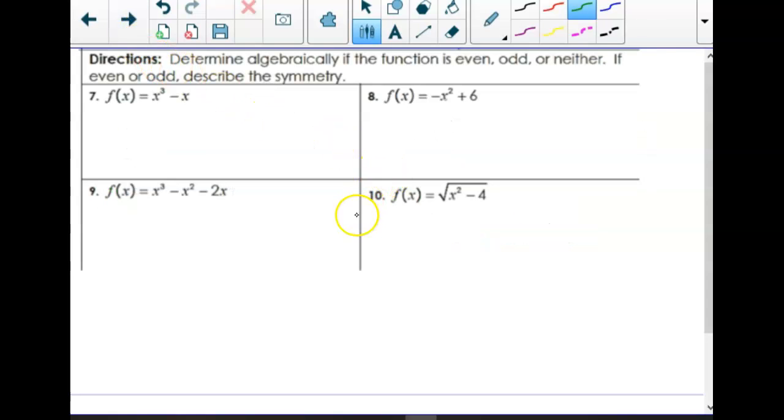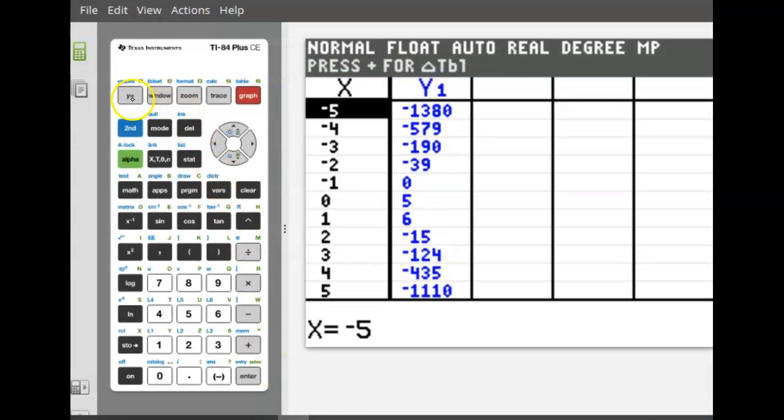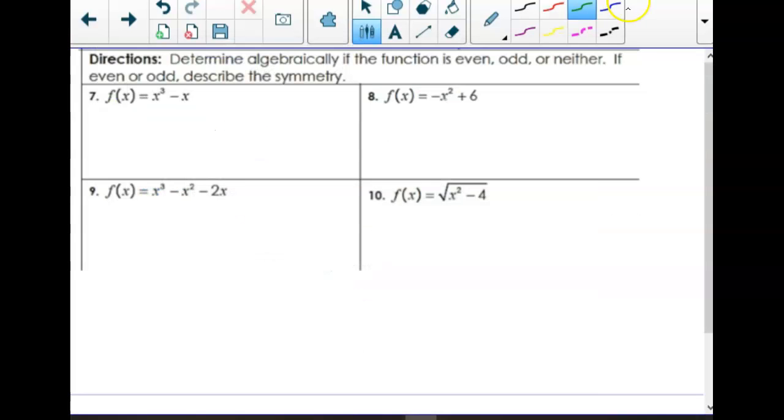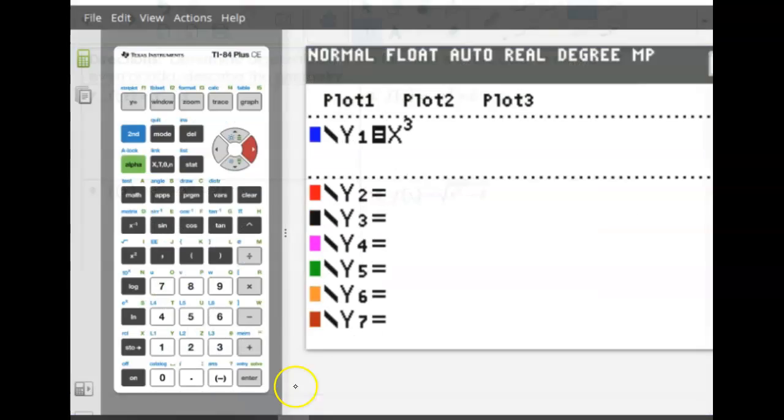All right, now we're supposed to do these algebraically. We can go ahead and graph them if that helps. Most of you would do that on a test or quiz. The first one says x cubed minus x.